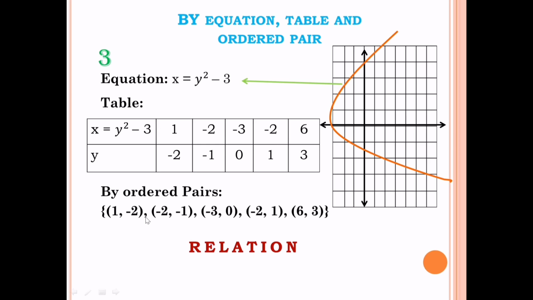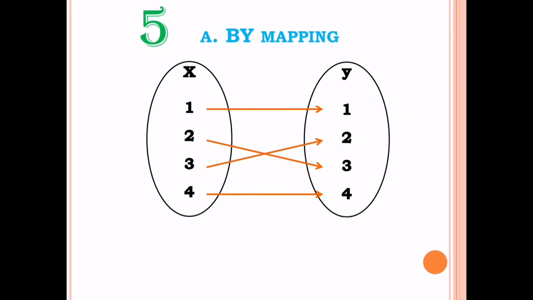The same as in the ordered pair. Okay, so those are some of the examples to show you the relationship of function and relation by graph, by equation, by table, and by ordered pair. Now let us proceed to the last illustration, and that is by mapping.